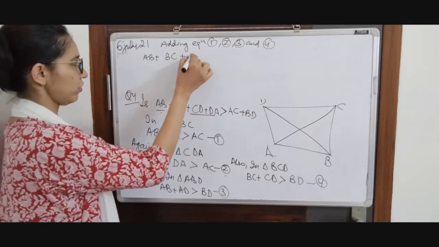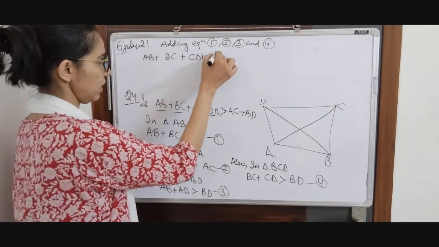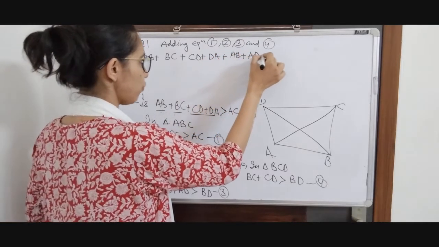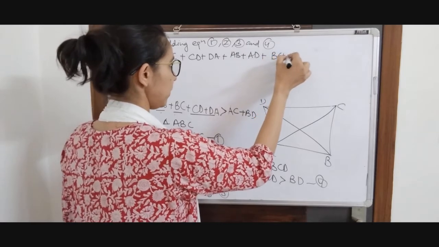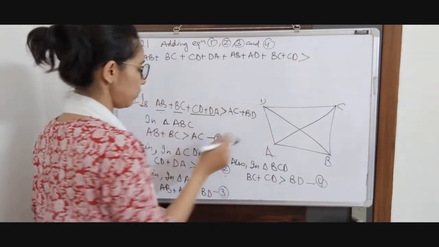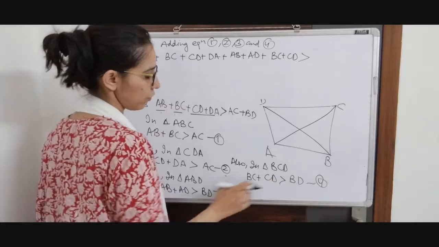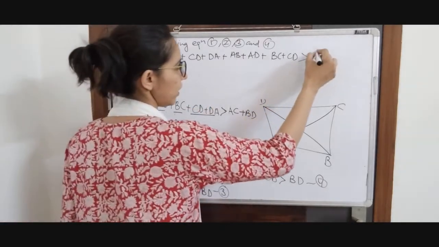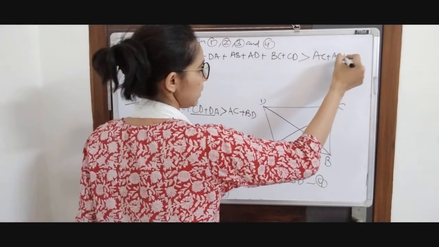In second equation we have CD plus DA. In third equation I have AB plus AD, and in fourth equation I have BC plus CD. Greater than, because sign is greater than for all of these, so we are taking greater than sign. Here we have AC plus BD.